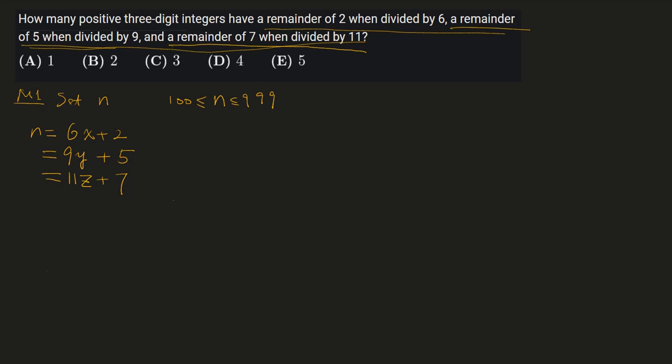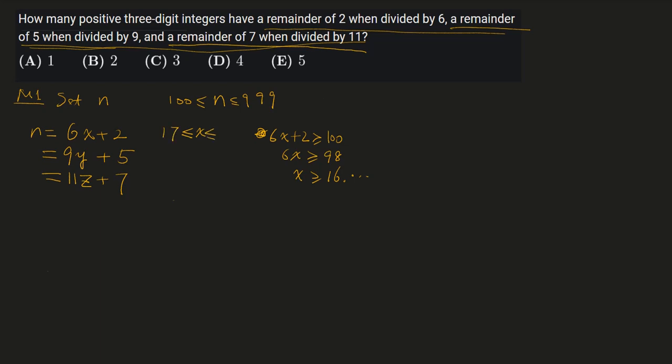For x, since 6x plus 2 is n, and n is greater than or equal to 100, therefore 6x is greater than or equal to 98. X is greater than or equal to 16 something. Given that x only takes integer values, x is greater than or equal to 17.